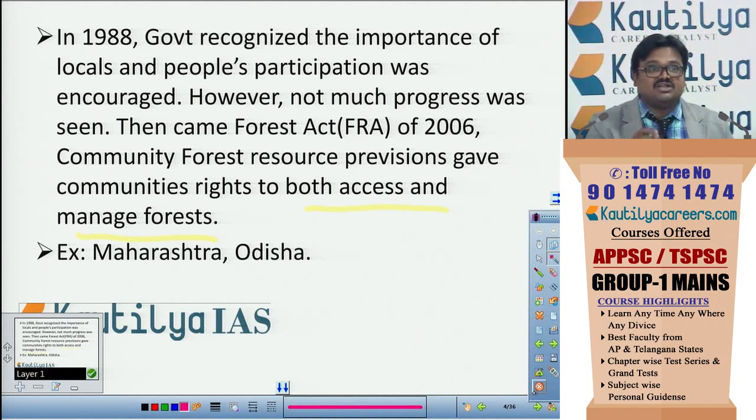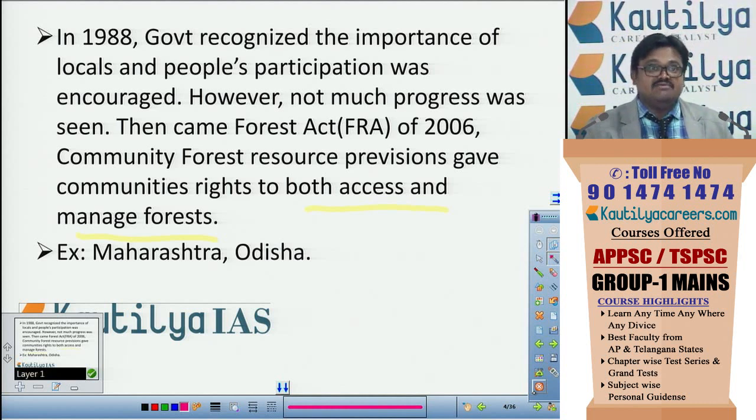However, community forest rights did not come up until the Forest Act of 2006. The Forest Act of 2006 came up with the concept of community rights, and the local people were given community rights to access and manage forests. There are many examples. If you look at states like Maharashtra and Odisha, the tribals in those states have used these community rights to protect their forests.